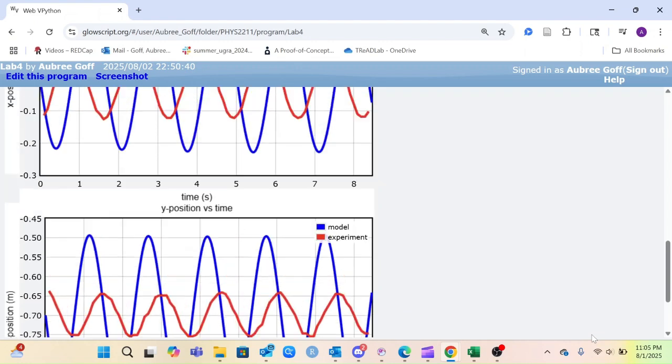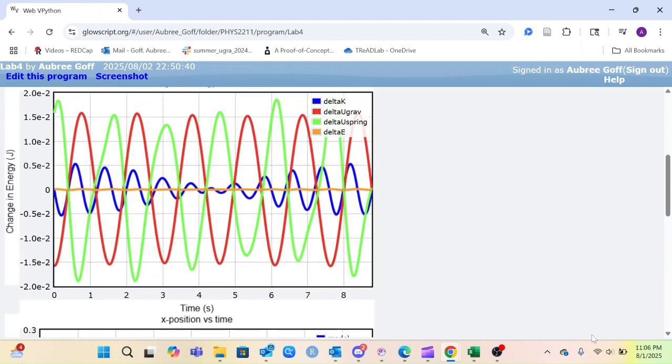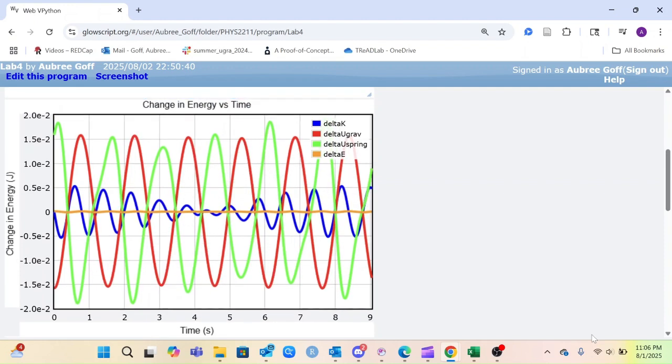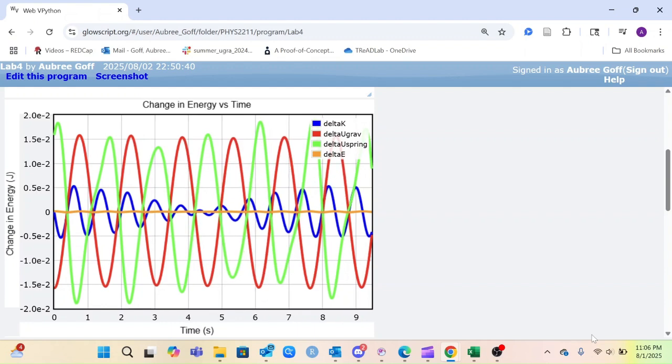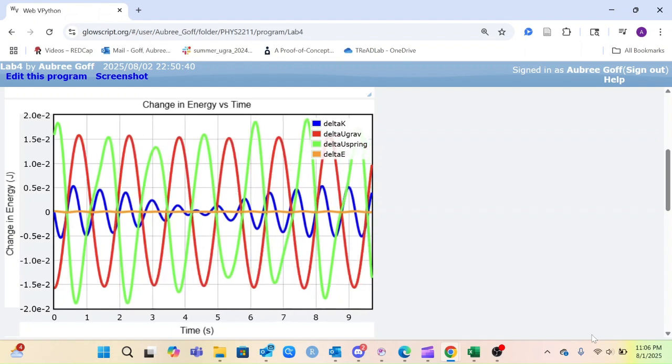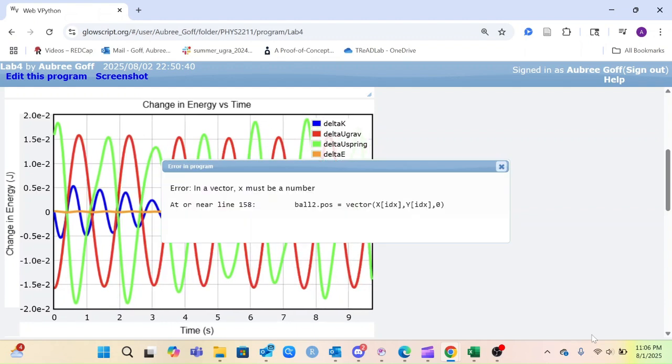Now, looking at the energy principles and the changes, kinetic energy is in blue, gravitational potential energy is in red, spring potential energy is in green, and total mechanical energy is in orange.